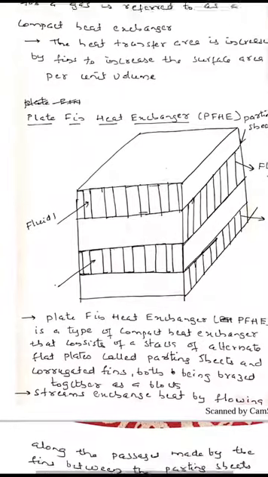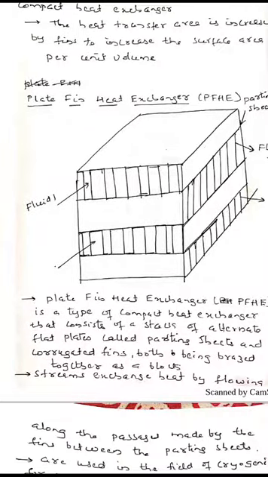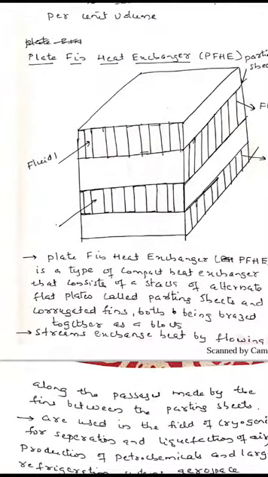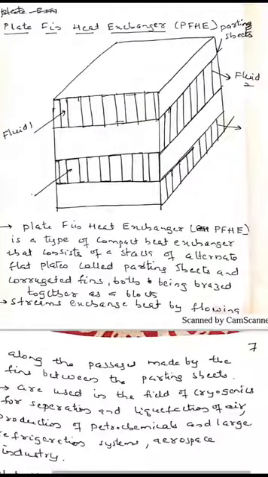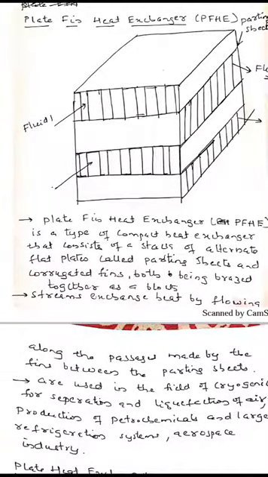Various types of heat exchangers are there. Plate fin heat exchanger. As the name itself indicates, it consists of alternating plates and fins arranged together as a block. Hot and cold fluid streams exchange heat by flowing along the passages made by the fins between the plates.